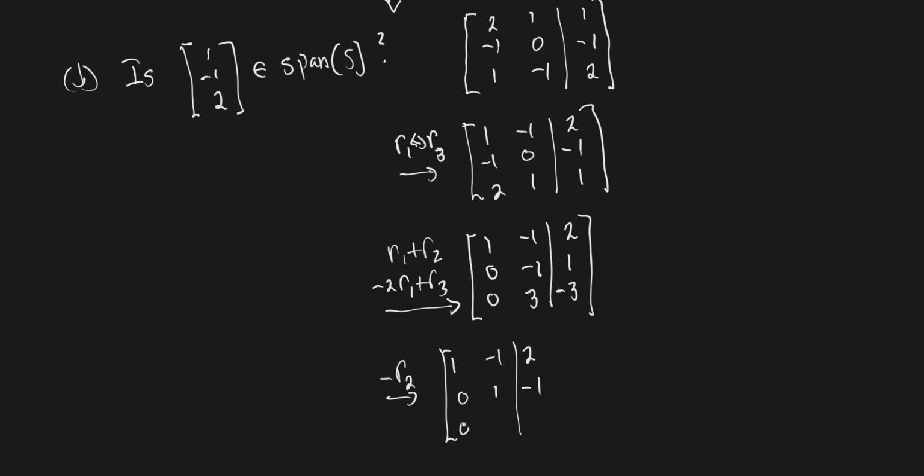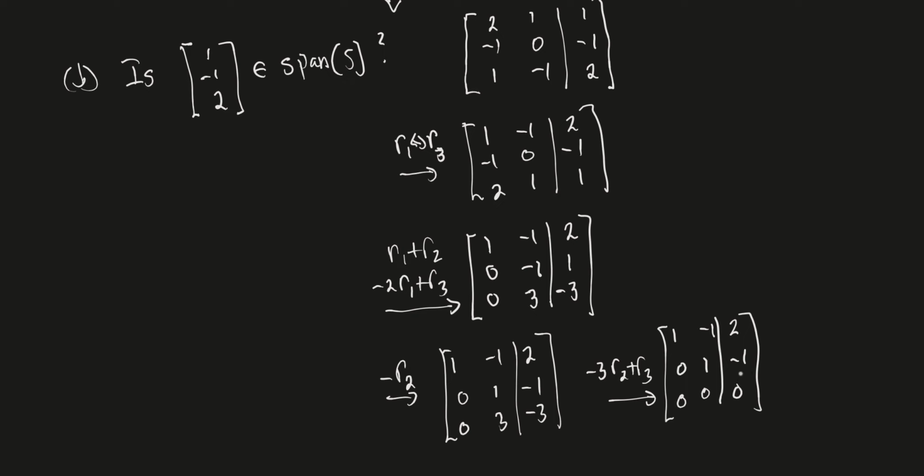And then I think you see what's going to happen: when we eliminate the +3, we will also eliminate the -3. So if I take -3 times row 2 added to row 3, we end up with 0, 1, -1, and then 0, 0, 0.